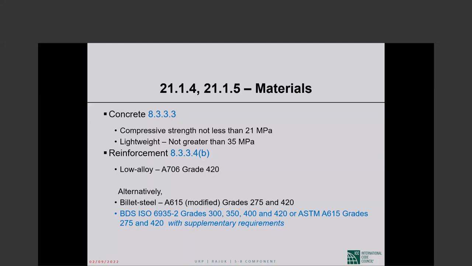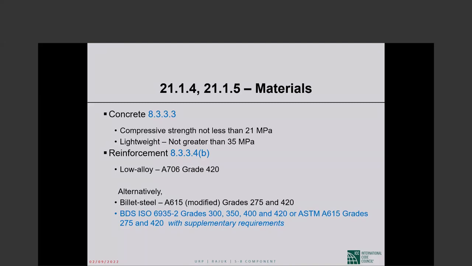The more important thing is ACI 318 is probably the only major code left that does not have an upper bound on the strength of normal weight concrete. Almost every other code tells you concrete cannot be any higher than so much in strength. ACI 318 does not believe in that kind of a higher limit.